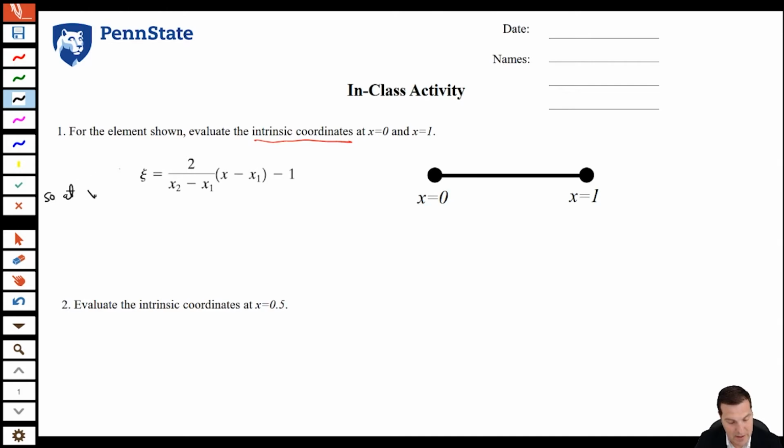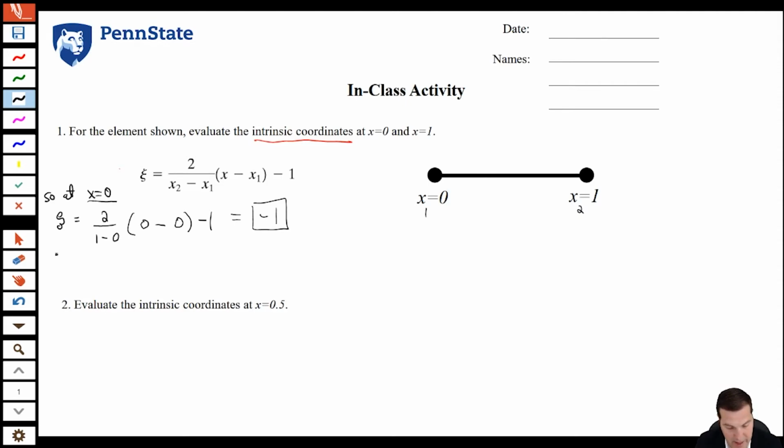At x equals 0, psi is equal to 2 over (x2 minus x1), where x2 is equal to 1 and x1 is 0. Then we have x. What's our x? Our x is 0, minus x1. x1 is 0, minus 1. So this quantity is equal to 0 minus 1, and so this is going to be equal to -1.